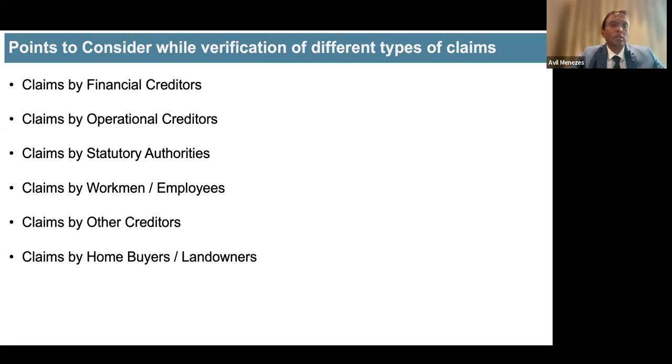Currently in the liquidation process, it is not required to be paid, but in case the jurisprudence changes, you shouldn't have to go back. So it's always important, when you verify claims of employees and workmen, to classify what are the statutory payments and what are the other payments.